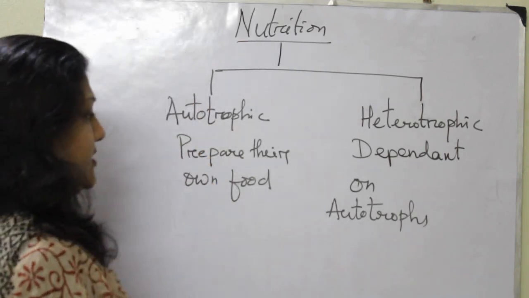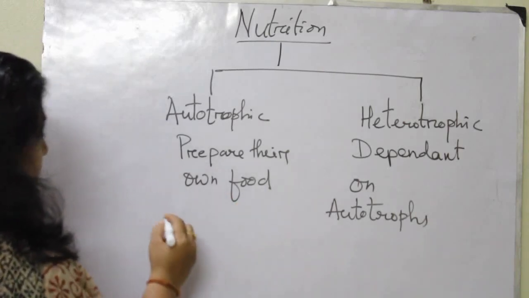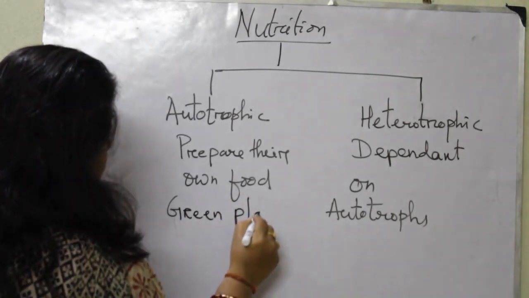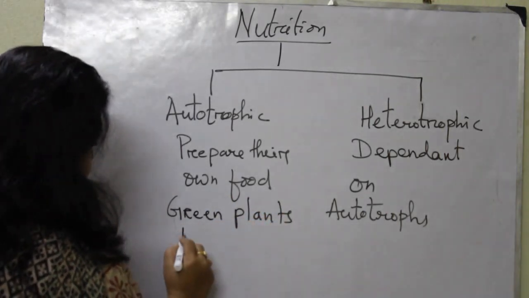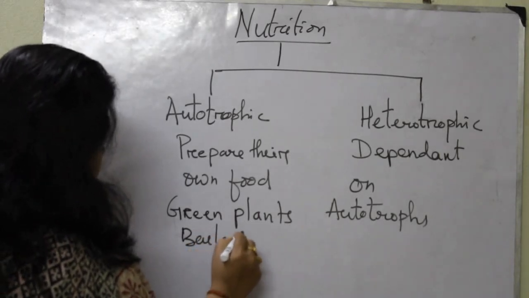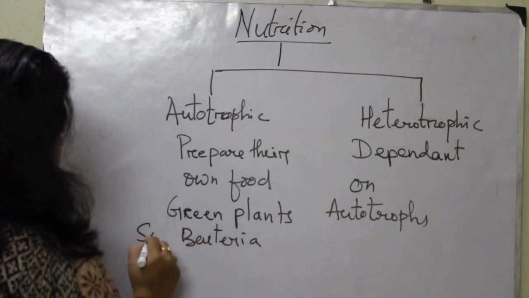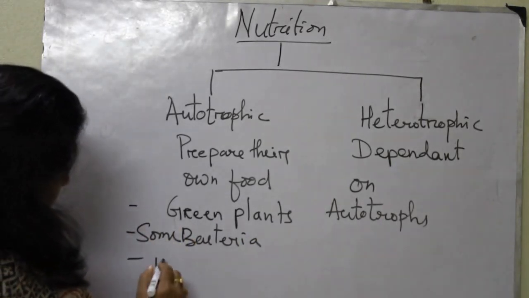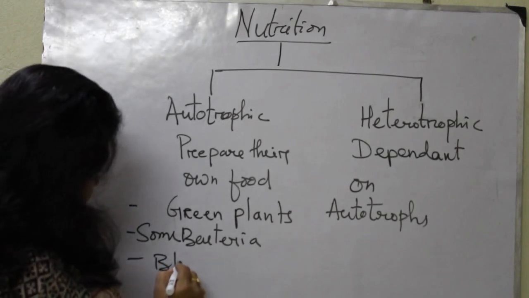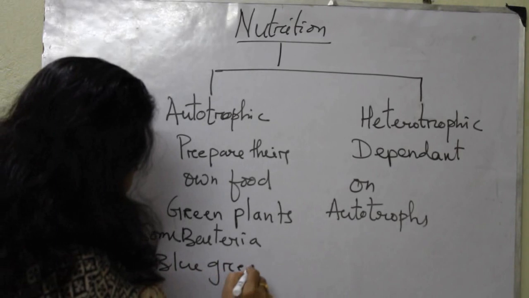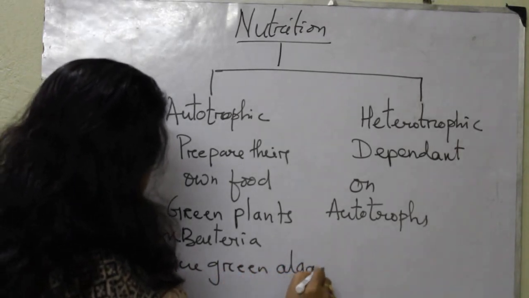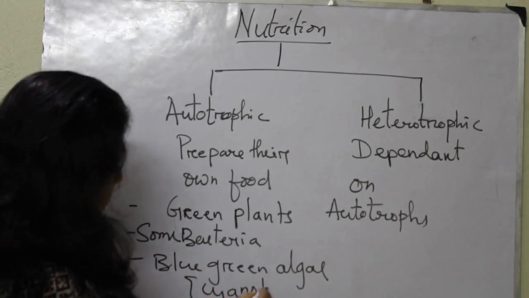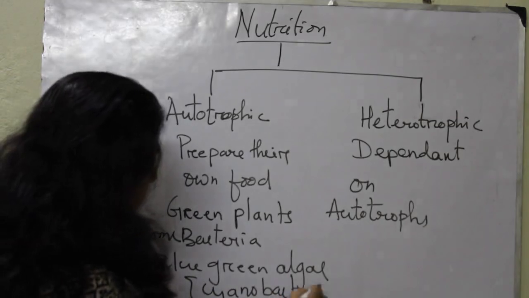So the examples of autotrophic nutrition are green plants, some bacteria, it is not all bacteria, and the blue-green algae, better known nowadays as cyanobacteria.